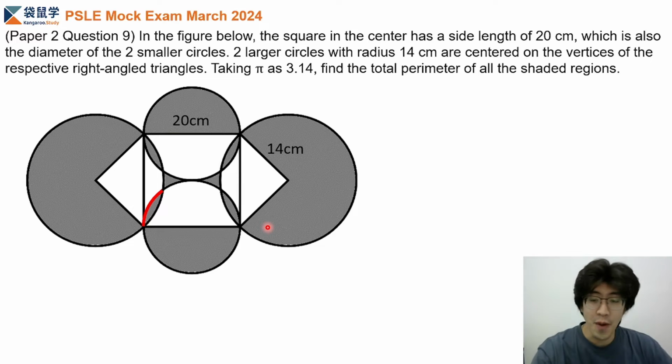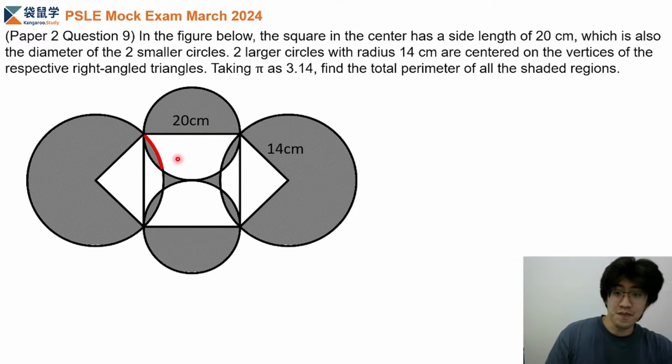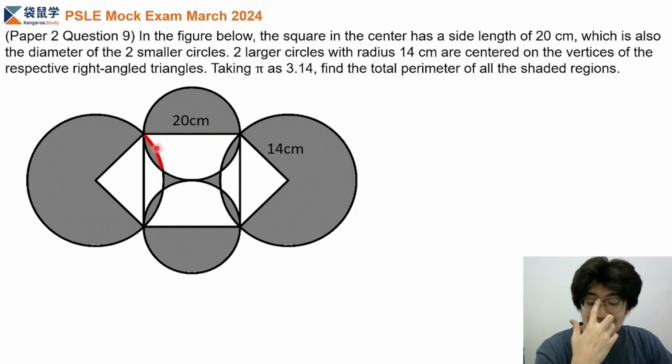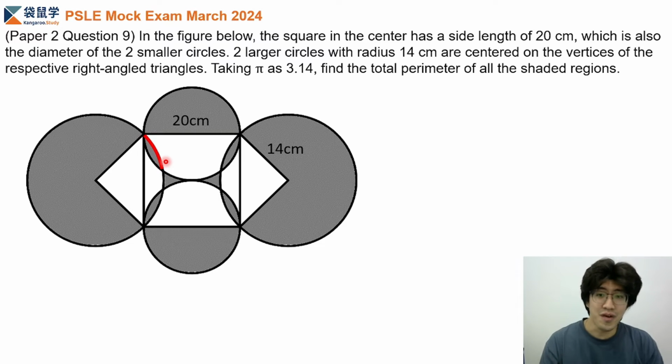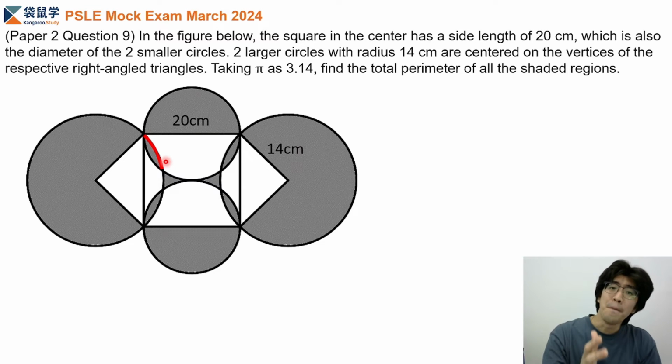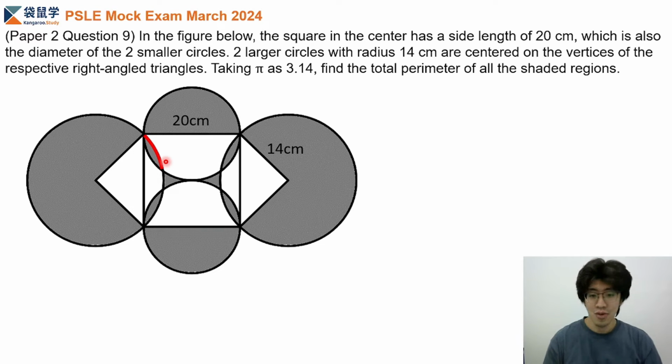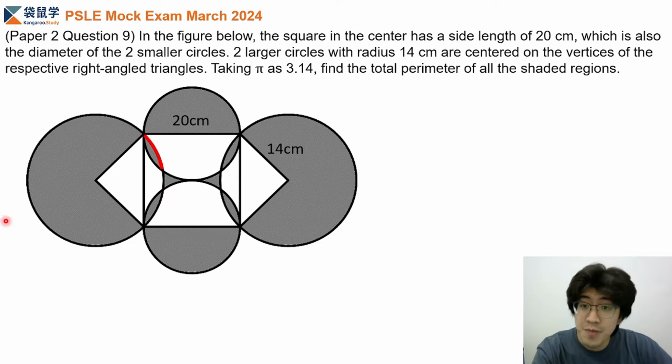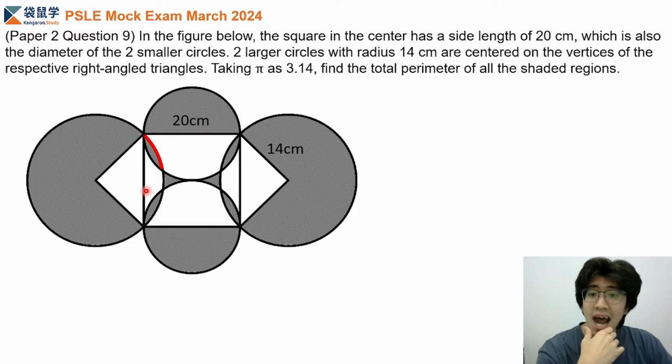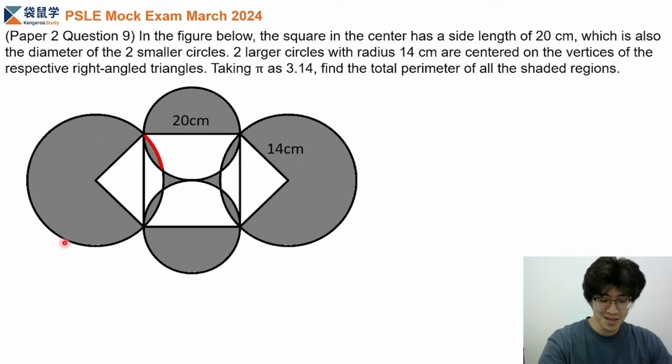Now, let's go back to the previous segment that we've been looking at. Since this is a segment that we don't know how to find, let's see if there are any other segments around it such that we can maybe combine them and turn it into something that we can find. Well, let's see. This segment over here belongs to this big circle. Is there any other segment that also belongs to this big circle? Oh, yes.